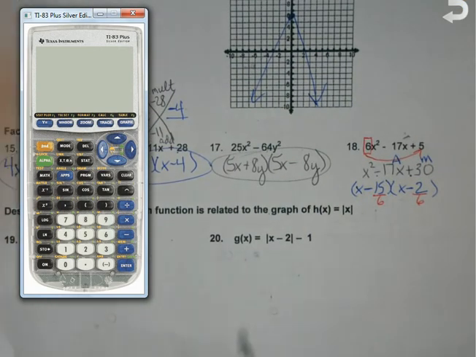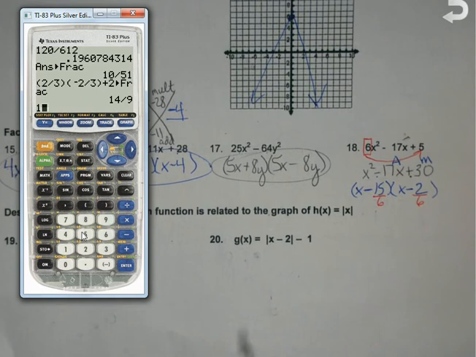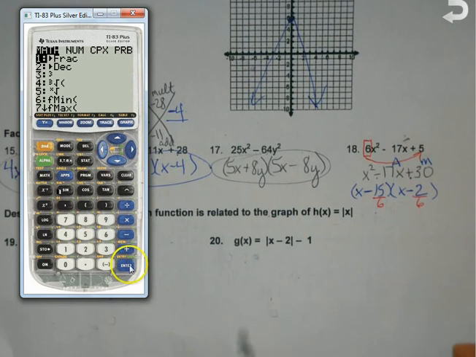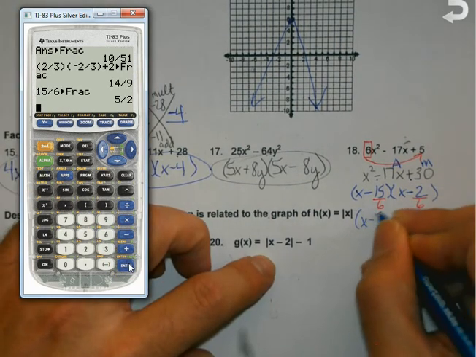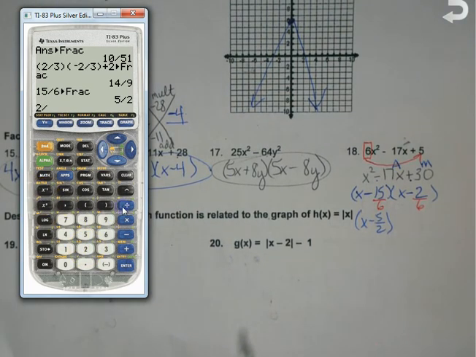So, I look and I say, okay, 15 divided by 6, here's the way I'd do it. I wouldn't even mess around with the other stuff. I'd just do math, enter. Okay, 5 over 2. x minus 5 over 2. Let's do that for the other one too, just to make sure. Because 2 divided by 6 isn't 3.